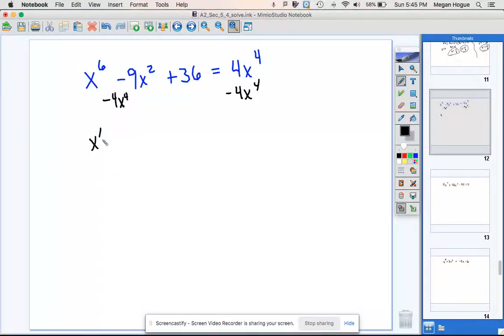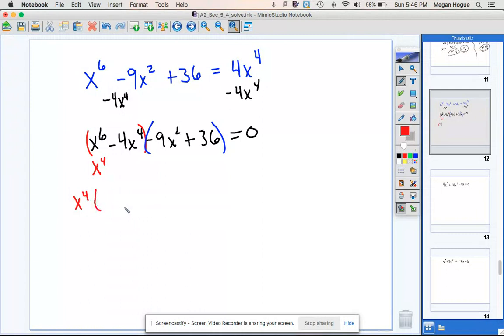So we're going to get x to the 6th minus 4x to the 4th minus 9x squared plus 36 equals 0. So we've got to group the first 2, and we've got to group the second 2. So, good one maybe to try on your own, a grouping one. Ooh, GCF of x to the 4th. So x to the 4th gets pulled out, leaves me with x squared minus 4.